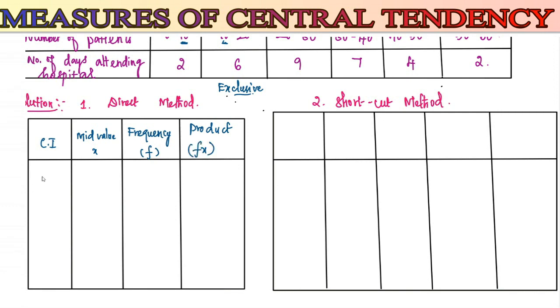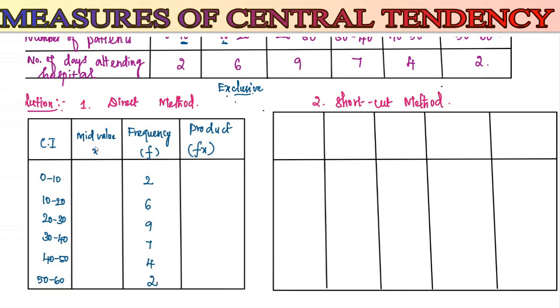First I am going to write the given class intervals: 0 to 10, next 10 to 20, 20 to 30, 30 to 40, 40 to 50, and 50 to 60. The given frequencies are 2, 6, 9, 7, 4, 2.